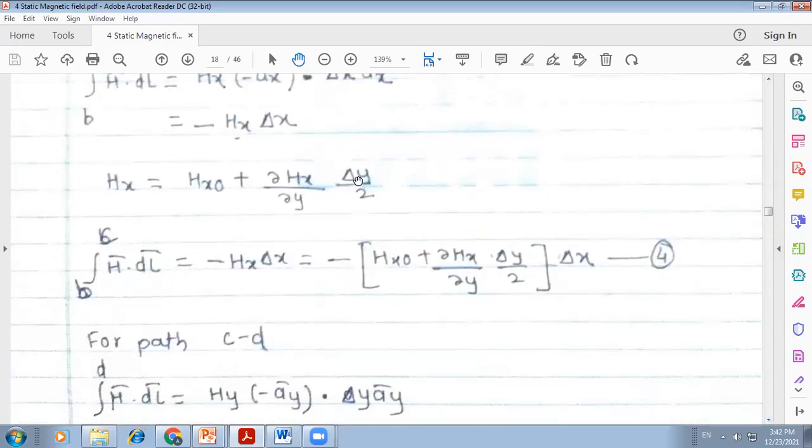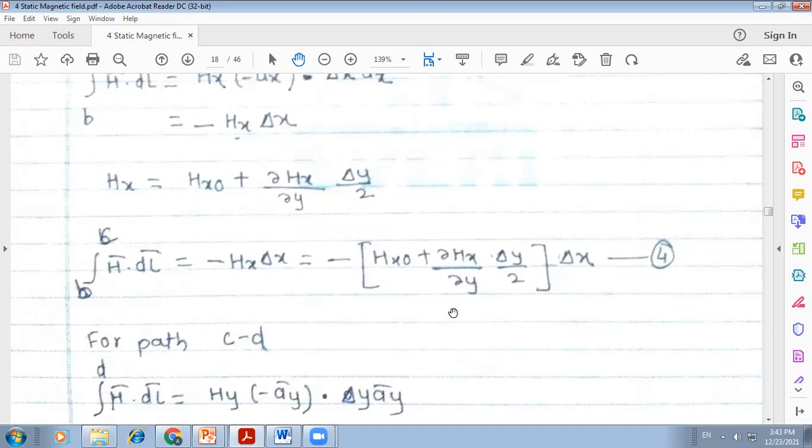It is changing with respect to y. That's why it is ∂Hx/∂y. Now for path BC, the integration of H bar dot dl bar is equal to minus Hx into delta x. So Hx is minus into the bracket, this term as it is, into delta x.